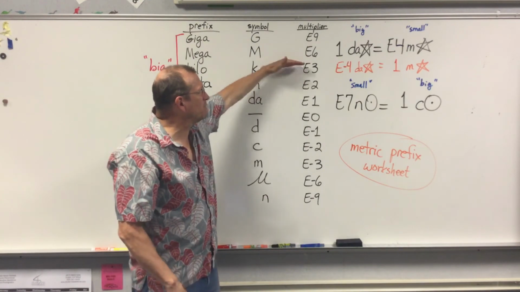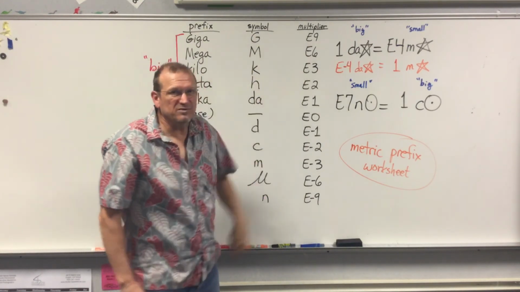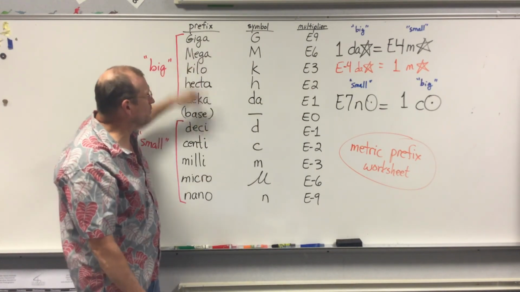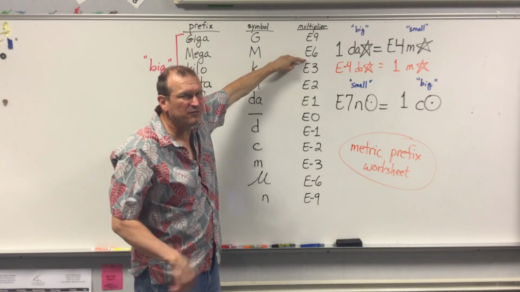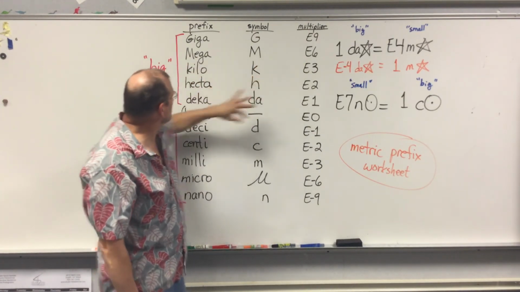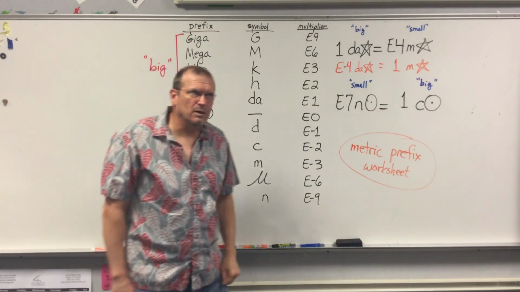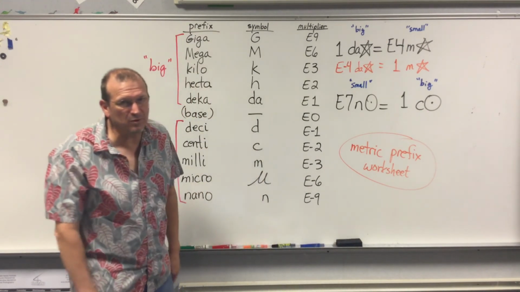But from that moment on, you can just go by powers of 10, because there actually is a way where you can combine multiple ones of these. So for example, if you needed E5 for some reason, you would combine hecta and kilo, and the prefix, I think, would be a hectakilo something, and that would be your E5.